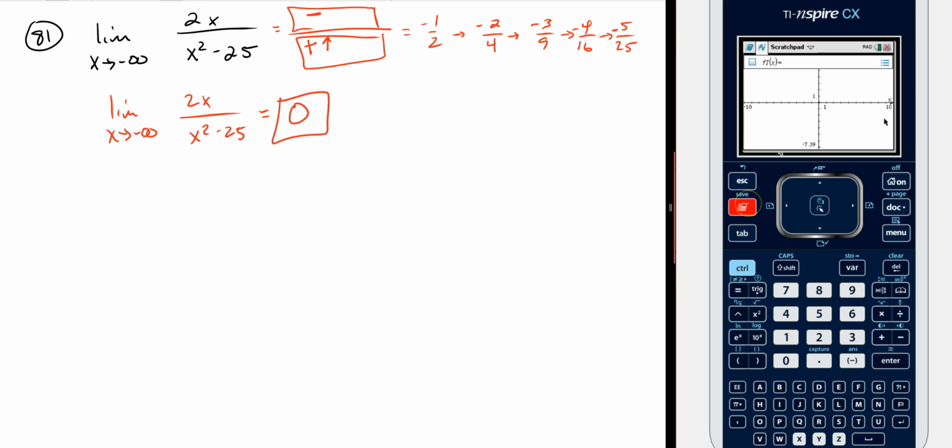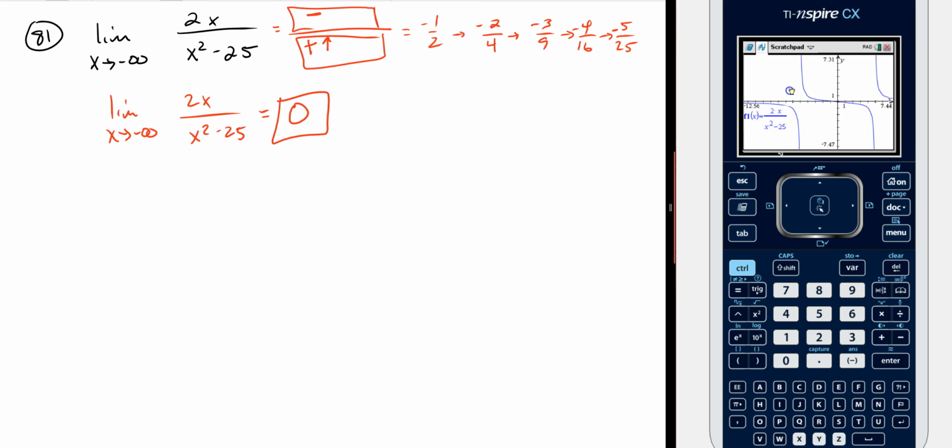And if I look at the graph, I'm going to make the graph real quick, 2x over x squared minus 25, and I graph this. Look what's happening to my graph. In between negative 5 and positive 5, there's some weird stuff happening.